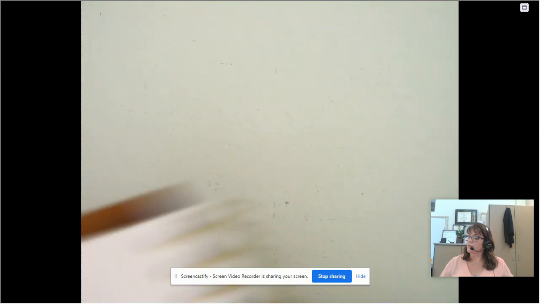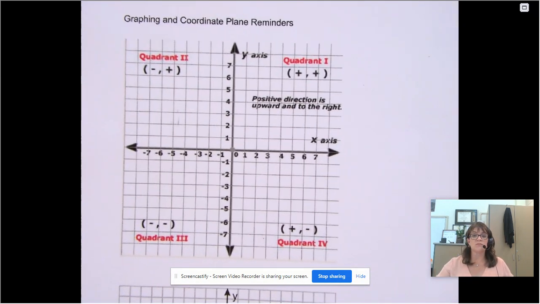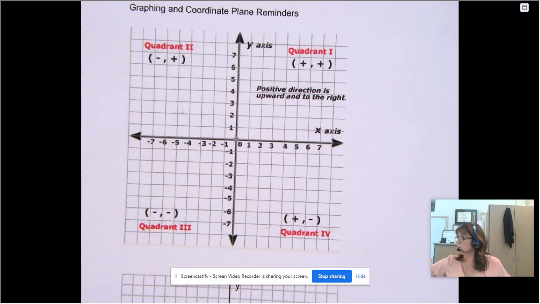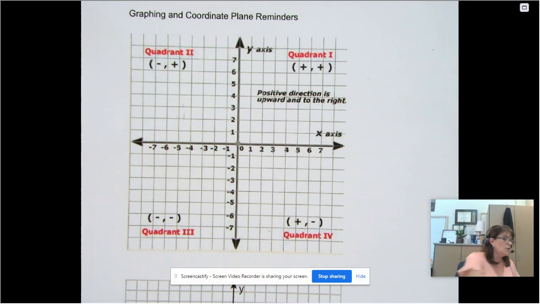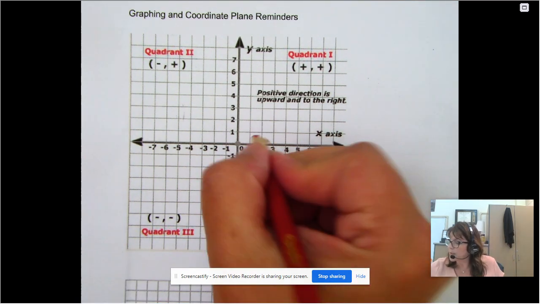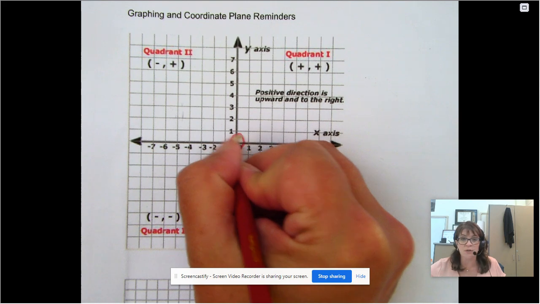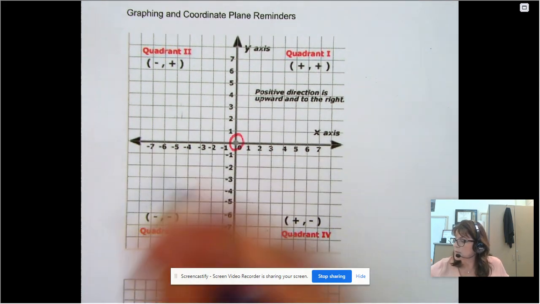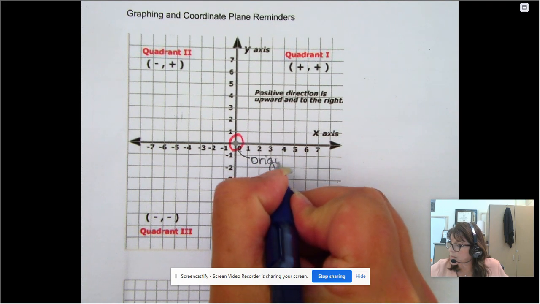Let's take a look at just the basics. Origin: right here, that X marks the spot. That is the origin.